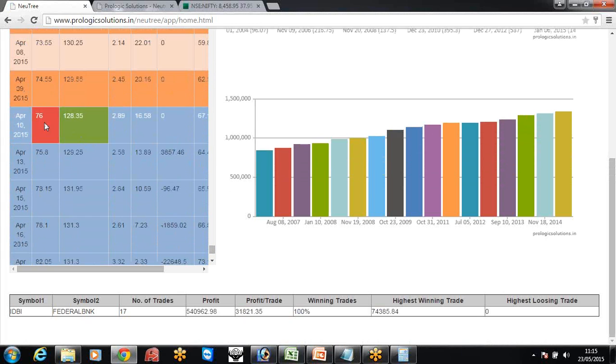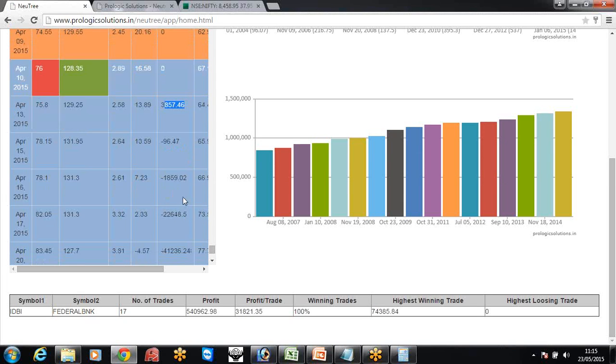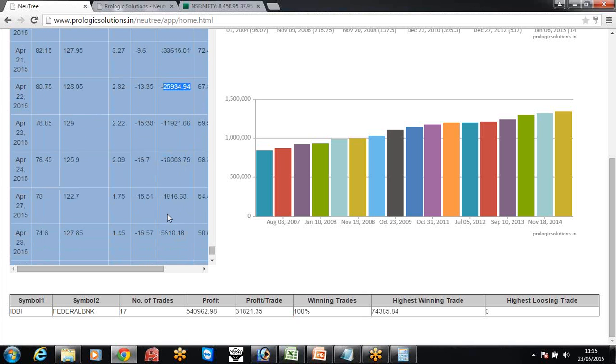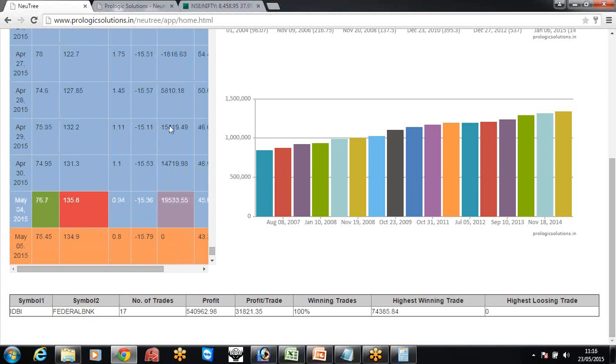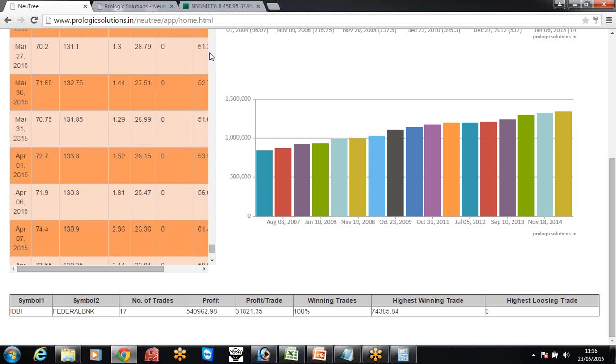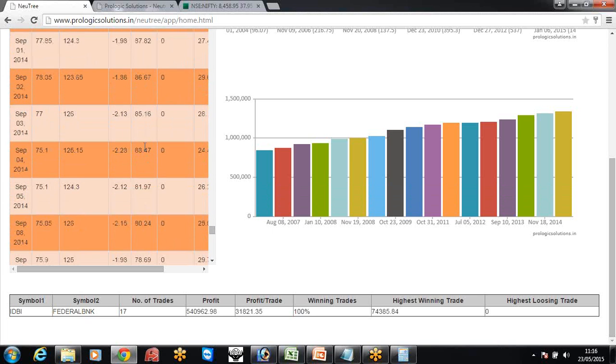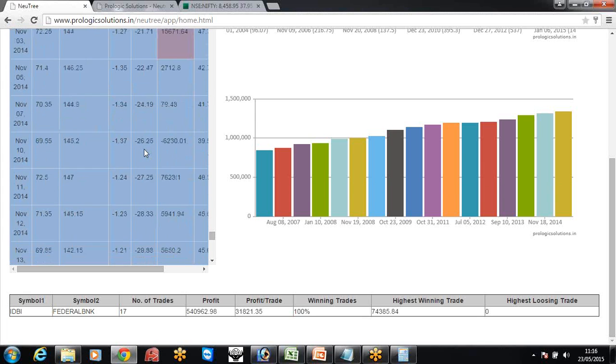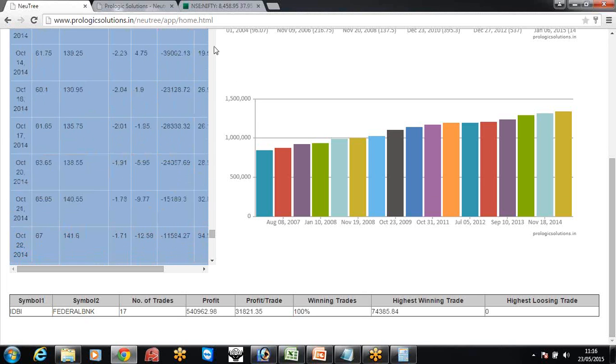So it started with IDBI short and Federal Bank buy at 3,800, and then it went into losses. 41,000 rupees loss here, 33,000 rupees loss here, 25,000 loss here, and then 10, and then it started, and just within the span of 3 days, it made its target of 20%. So we have 100% winning trades here also. So you can just see this. So 29,000.